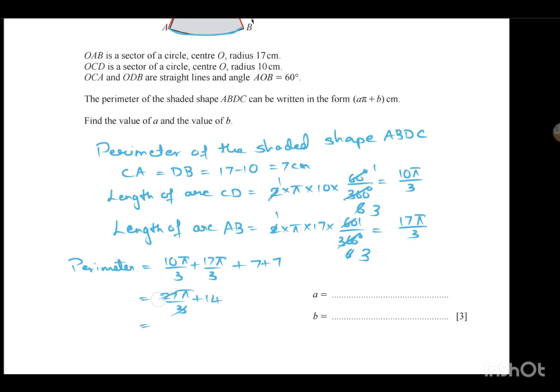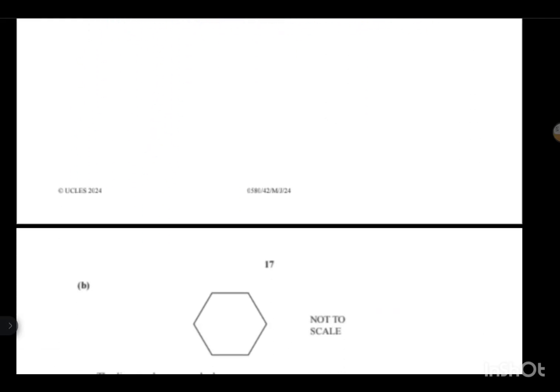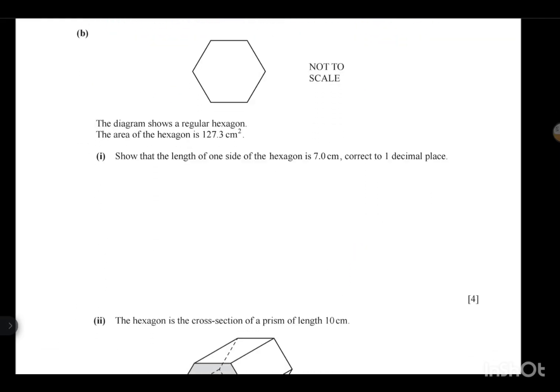That will be 3 times 9, I can cancel. So I get 9 pi plus 14, which is A pi plus B. So A is 9 and B is 14. Question is done.